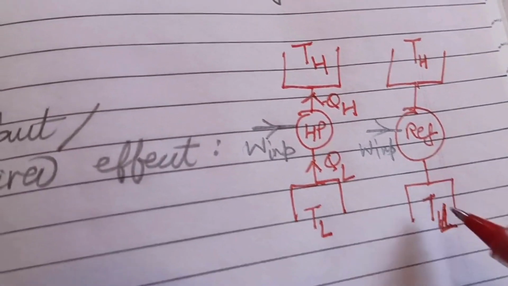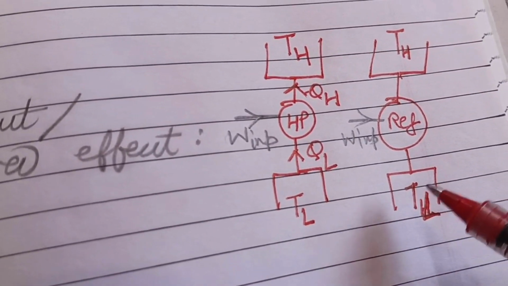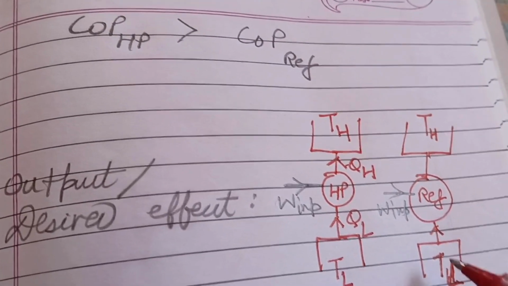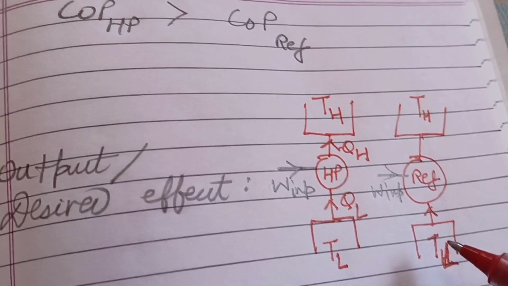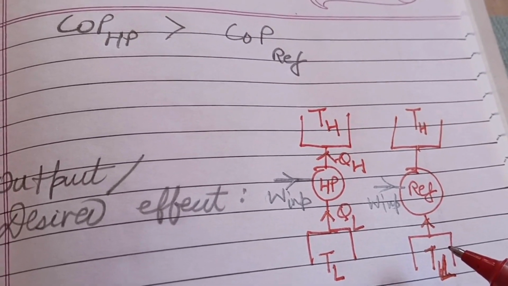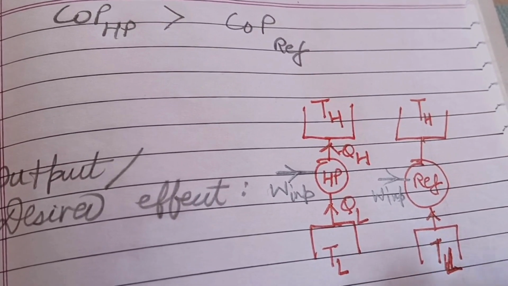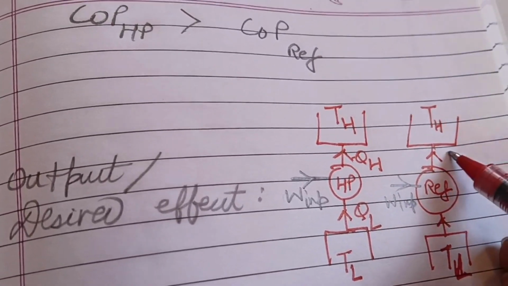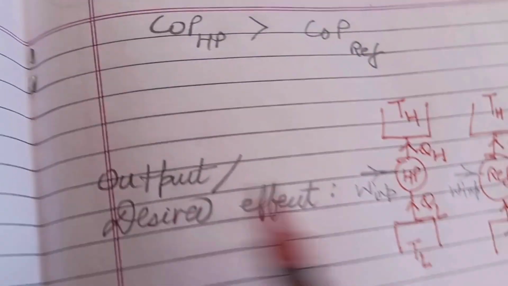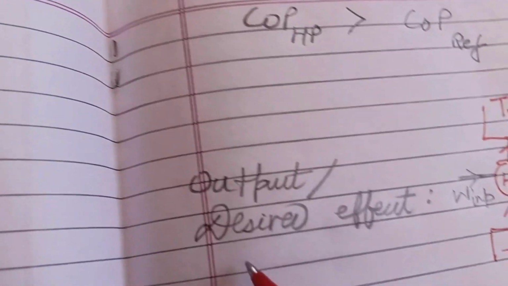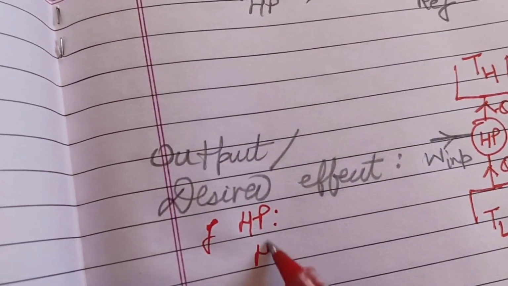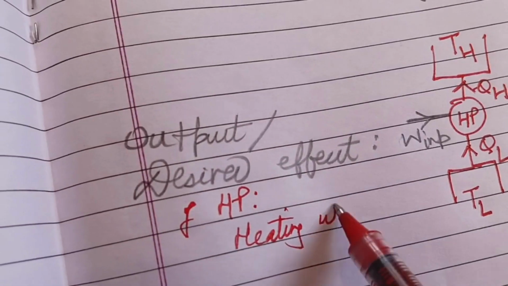And in case of refrigerator, this is the space where we want cooling, right? And what is the refrigerator doing? It is continuously absorbing heat from this space and thereby able to maintain this space at a relatively lower temperature. That is what is seen in a refrigerator in summer. And this is the space where heat is being rejected out, so QH. So the desired effect of heat pump is heating up of a space.